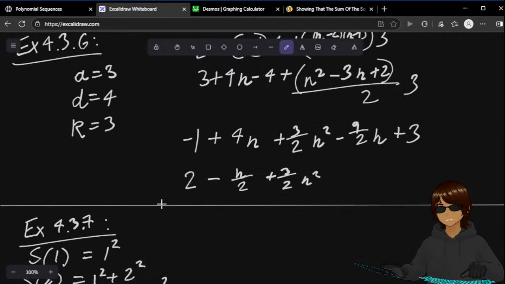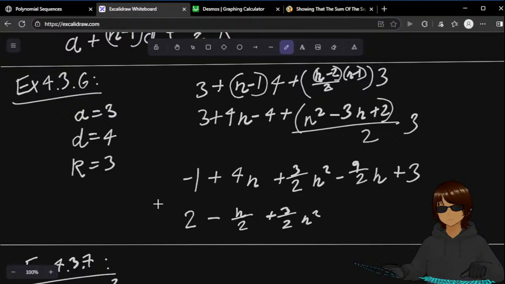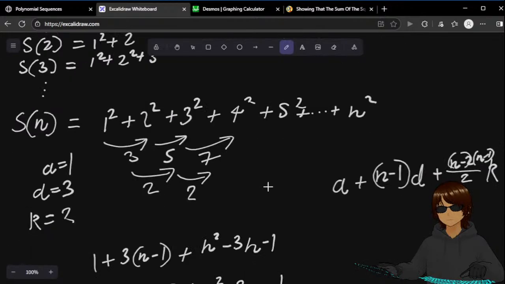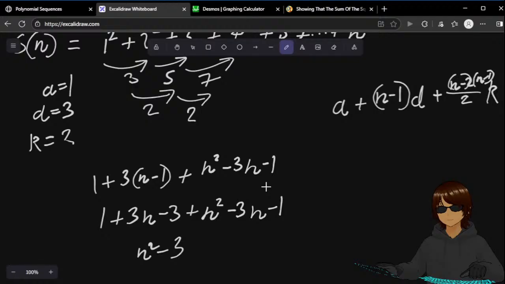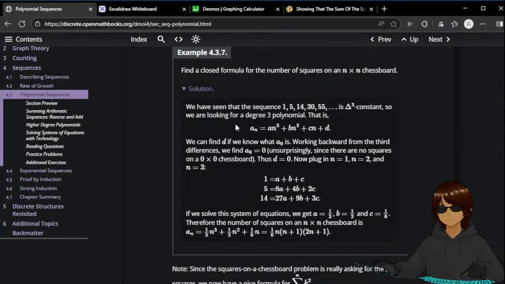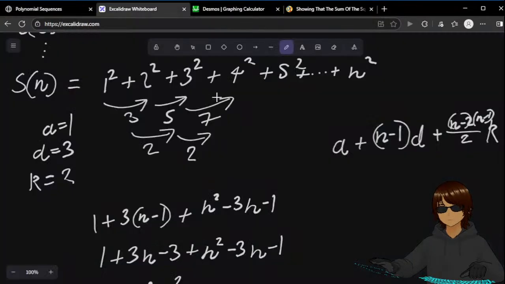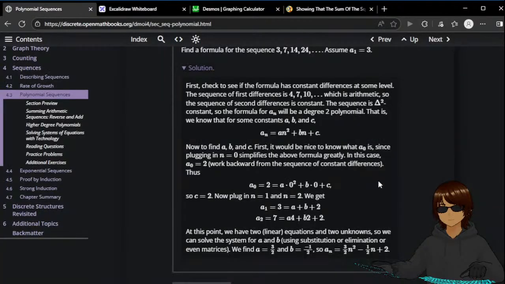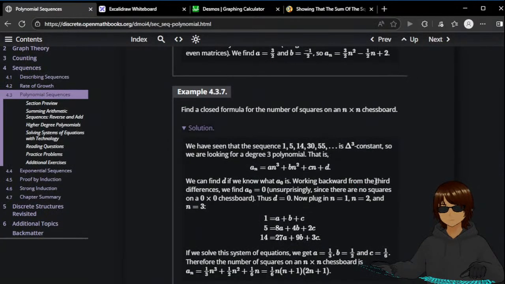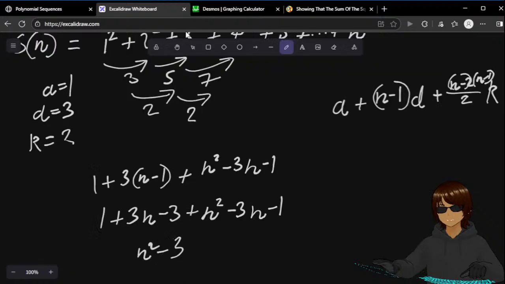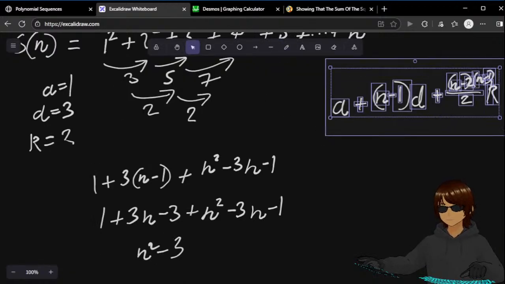So why didn't it work before? It's a delta 3 constant. It's not delta. Okay, this equation won't work then.